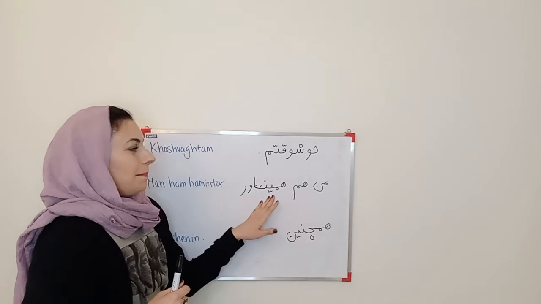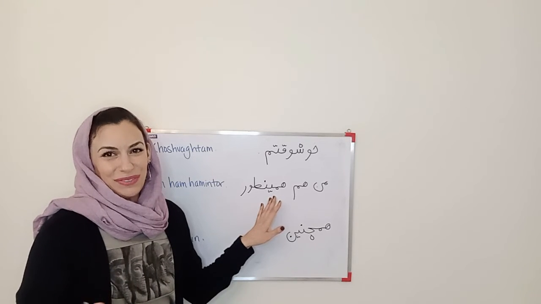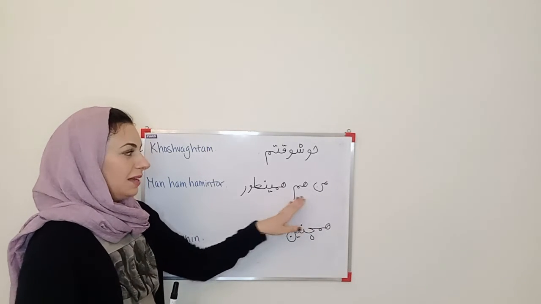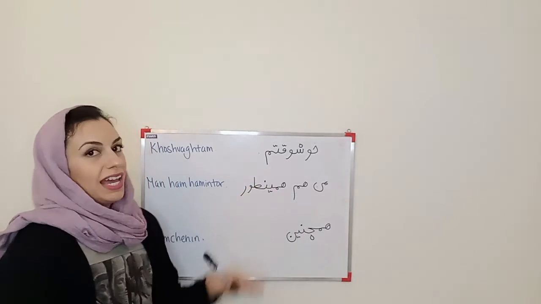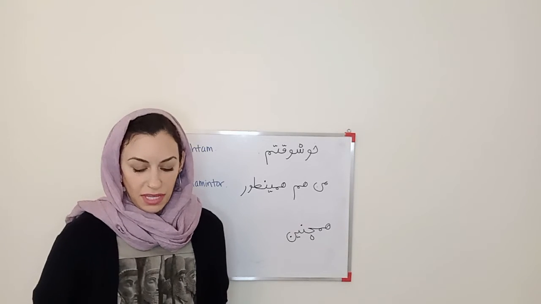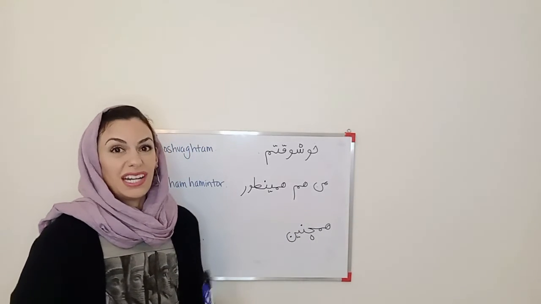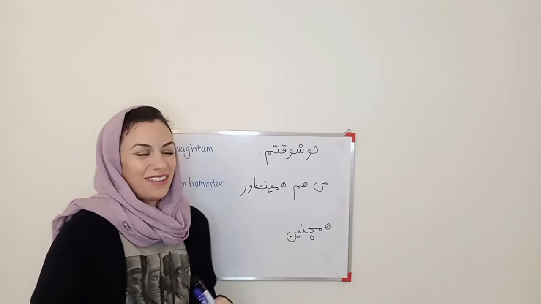So, man ham hamintor. Nice to meet you too. When you say khoshbakhtam, the meaning is like saying my timing was good to meet you. So when you say man ham hamintor, it actually means me too, like my timing was also good, right?